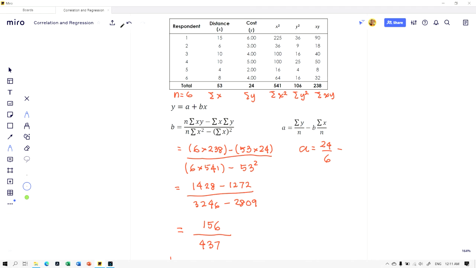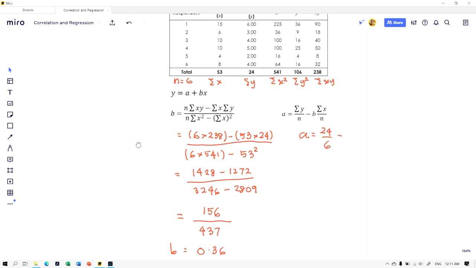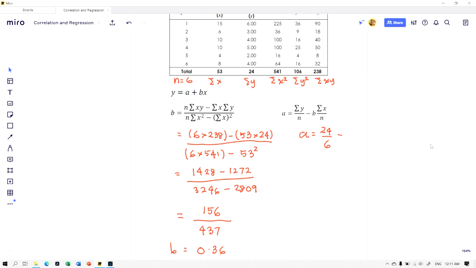We have calculated b to be equal to 0.36, times the sum of x, which is equal to 53, divided by n, which is equal to 6.